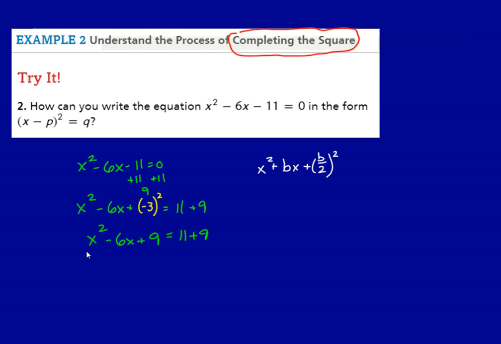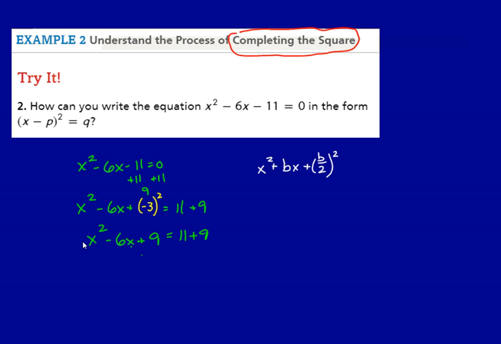Now this is a squared minus 2ab plus b squared. This will always, always, always break down into x minus b over 2 quantity squared. This thing will always go into this. Let me make one more step back one time. Maybe show this a little bit simpler.